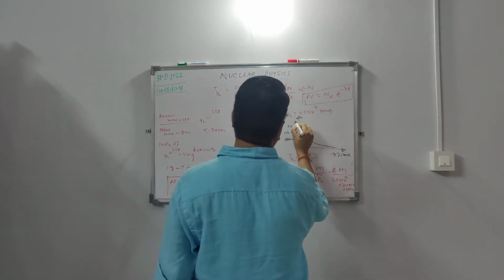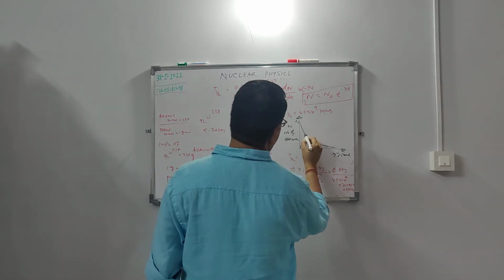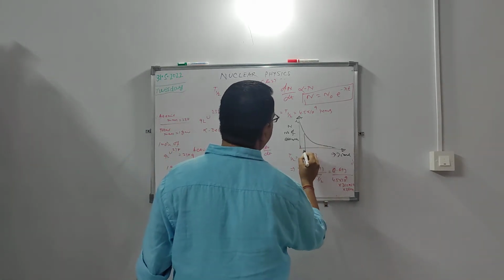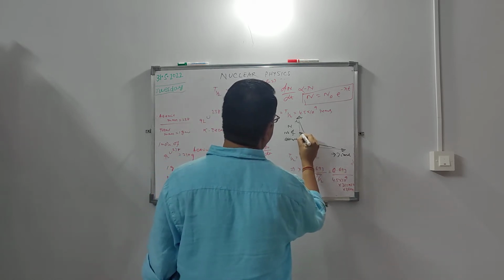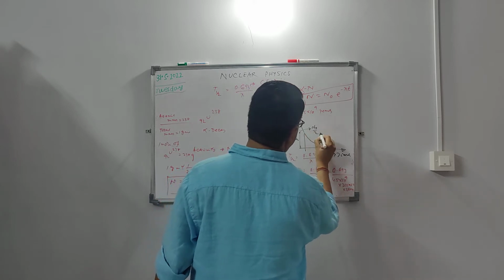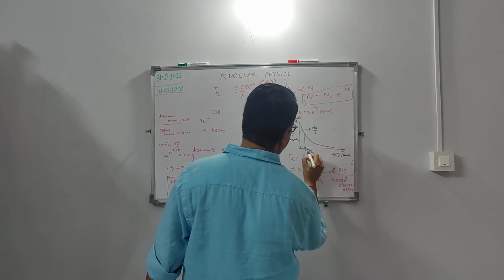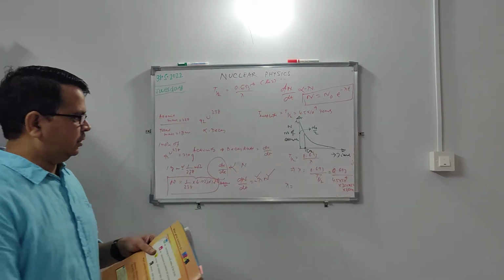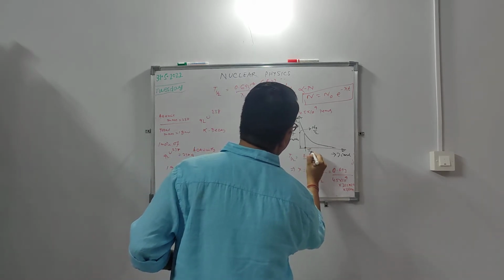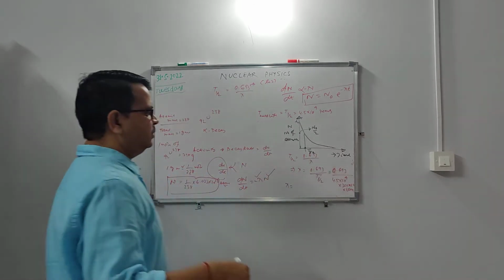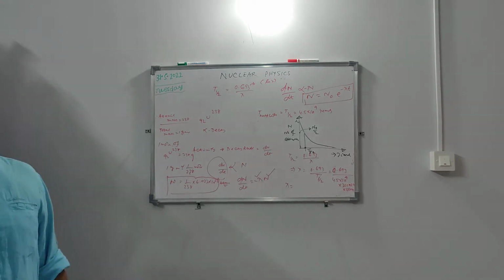Let us say this is n0. After a half-life, which will be somewhere here, in the y-axis it will be n0 by 2, and in the x-axis it is T half-life. We write it as T half. So in T half life, the initial number of atoms will get reduced to half.